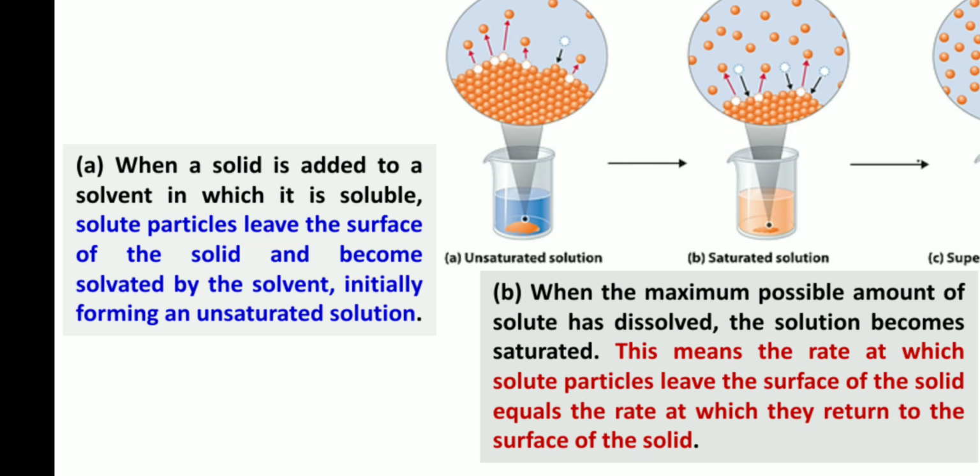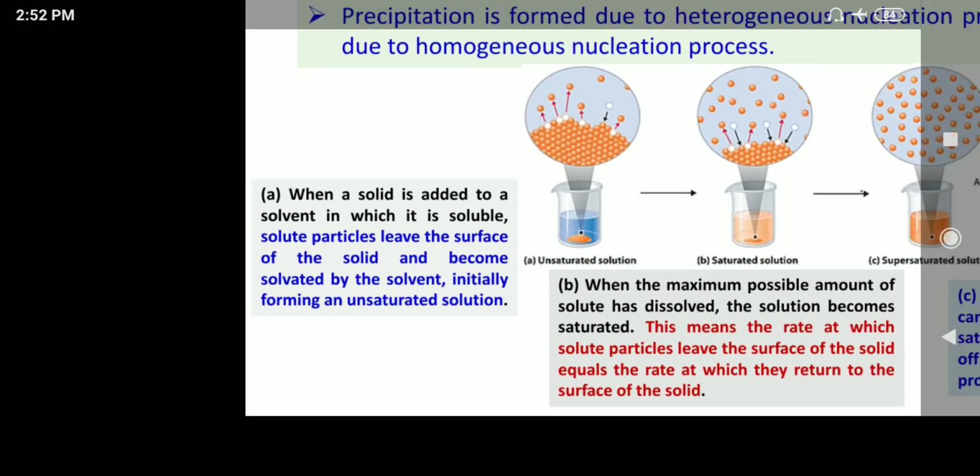Here the rate of leaving of the solute particles from the surface of the solid is very high. All the solute particles are leaving the surface of the solid and becoming solvated by the solvent. This is the process of dissolution.